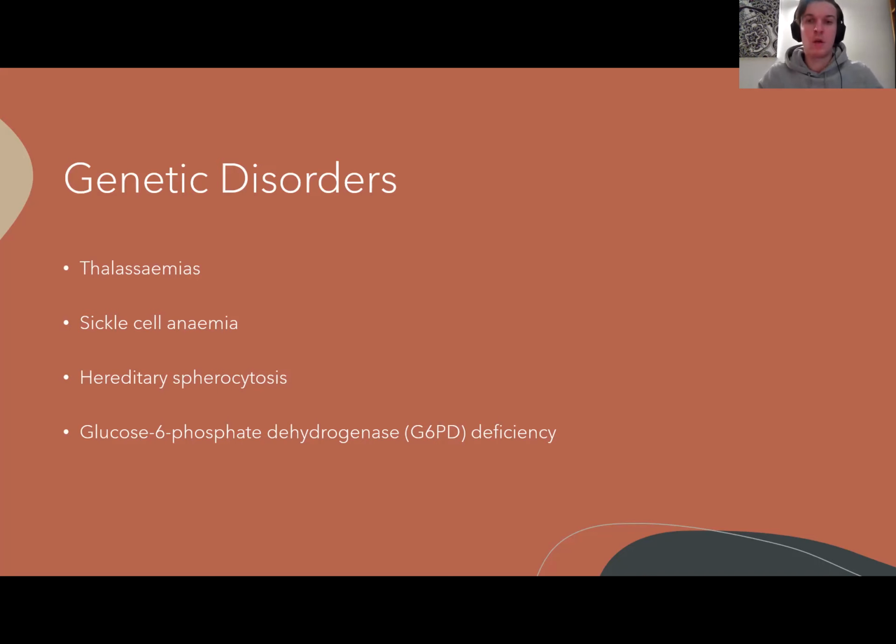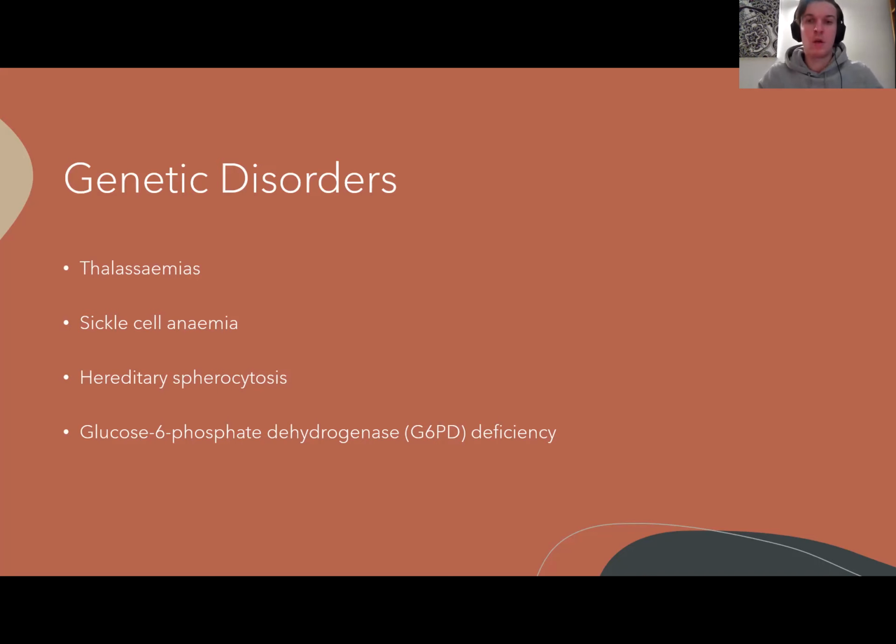G6PD is X-linked, so it means that only boys present with the disease, and it's also really common worldwide. People present with acute episodes of jaundice. Infection can trigger those, but so can anything that causes oxidative stress.